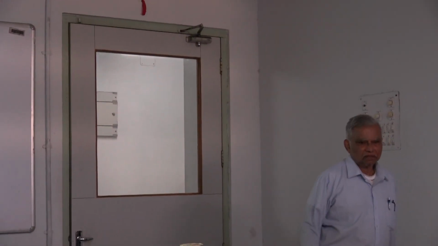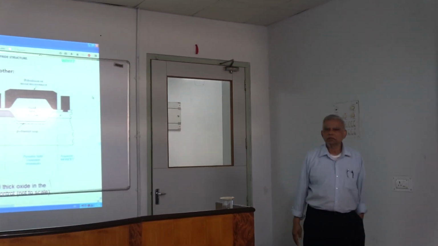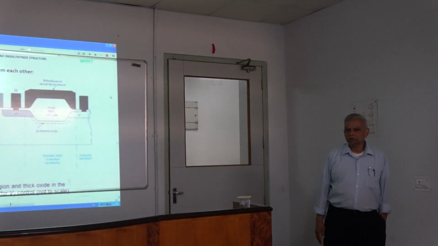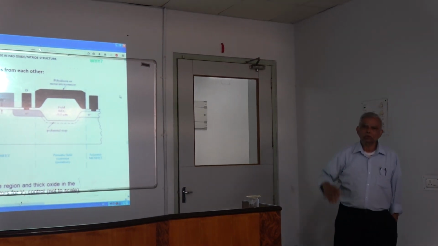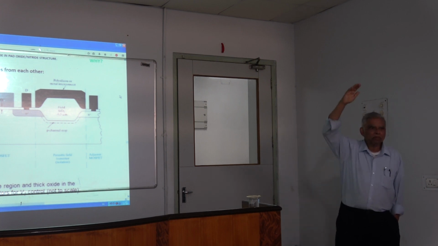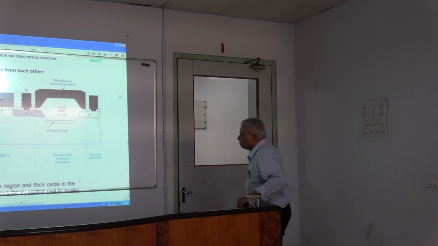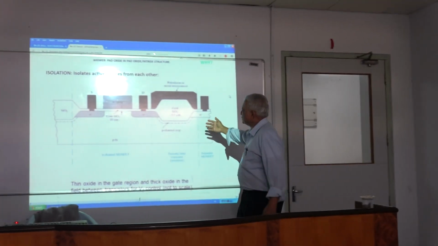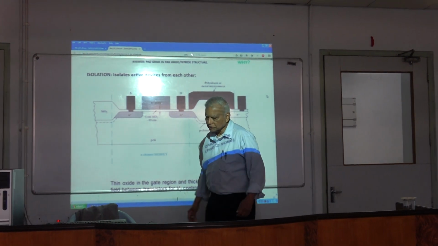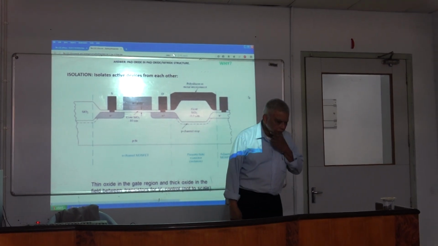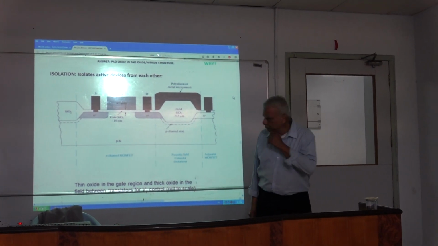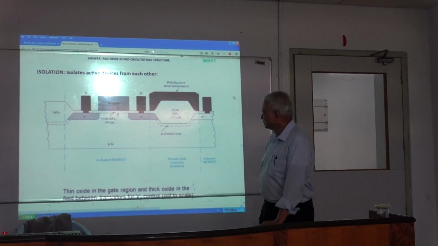There are other elements, resistive, inductive. Inductive is particularly so when you do a lot of logic technology where you have a lot of wiring, many levels of wiring. So you have inductive load. But by and large, internal to the device, mostly capacitive. Okay, let's move on.